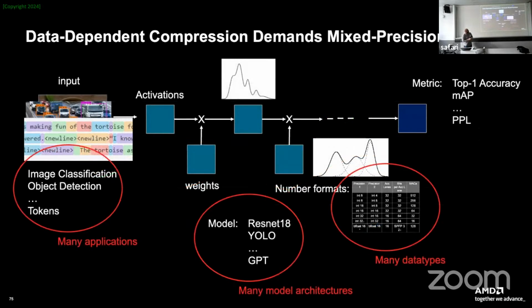If you go to a real life example, those distributions are not normal, uniform, or exponential. They are more complex. That cartoonish curvature just shows it's trying to capture the complexity of those distributions for your activations, for your weights. You have outliers depending on your applications. Your application can be image classification, object detection, LLMs.